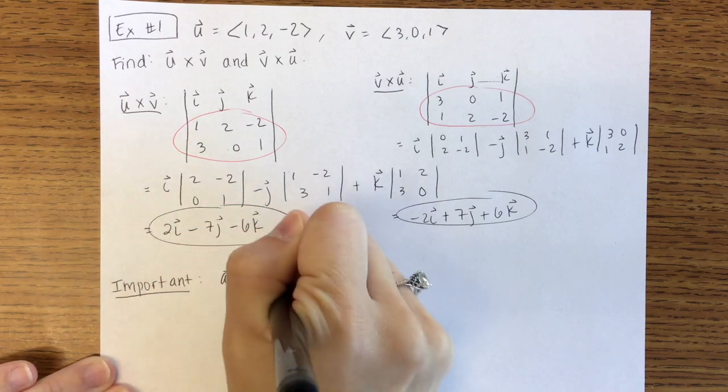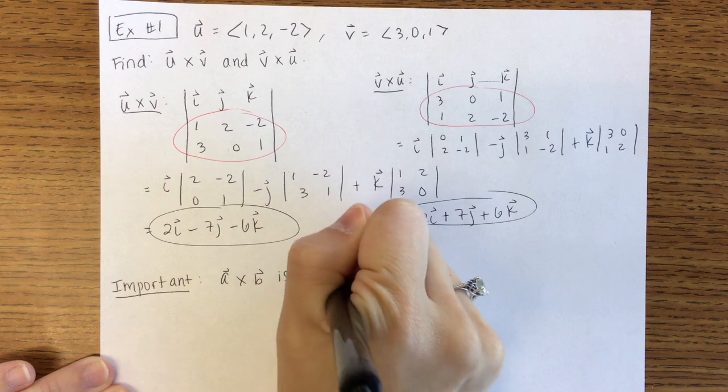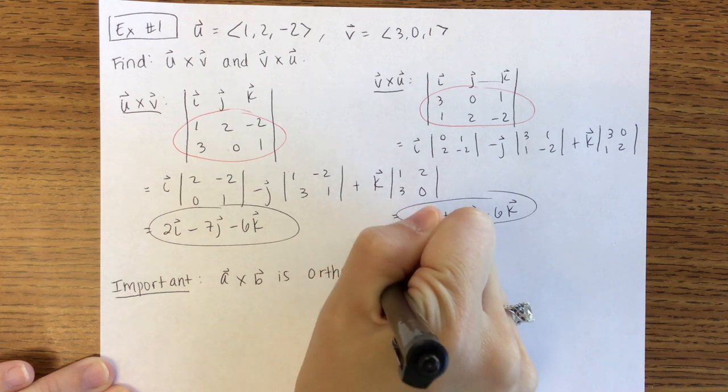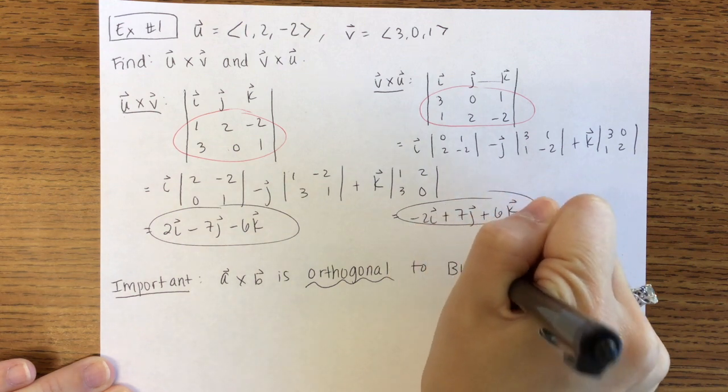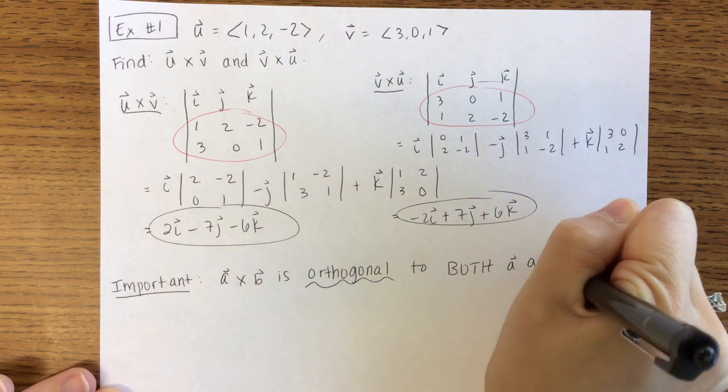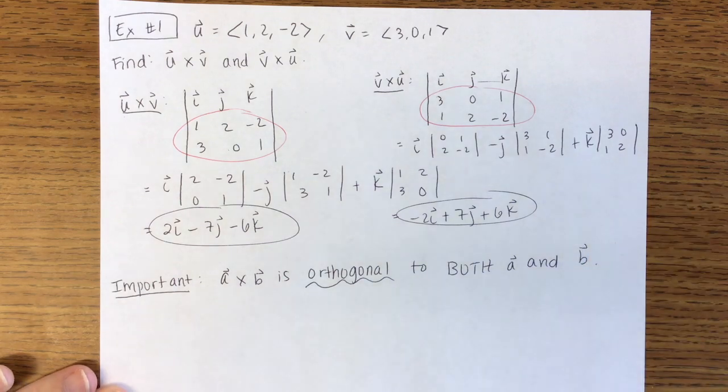A cross B is going to be orthogonal to both vector A and vector B. So in a lot of applications, you may be asked to find a vector that's orthogonal to both A and B, in which case you're going to calculate A cross B, or B cross A. A cross B is still orthogonal to A.